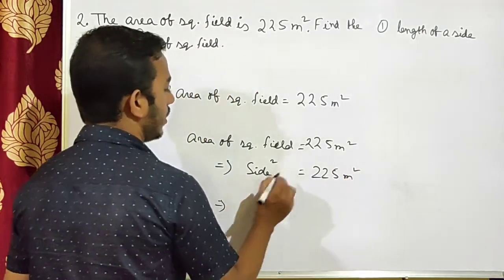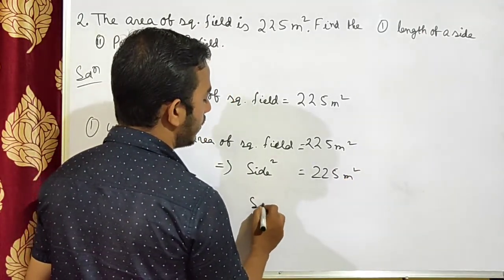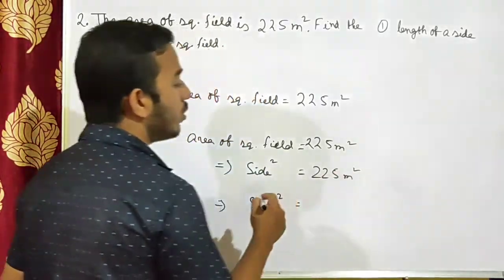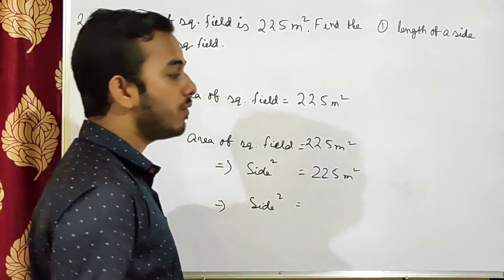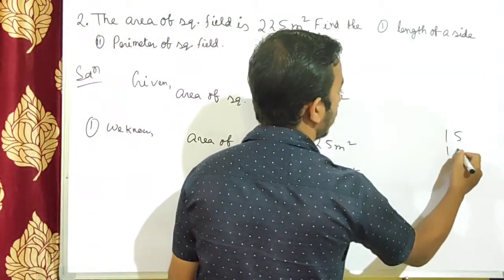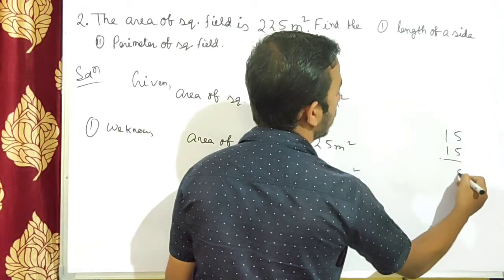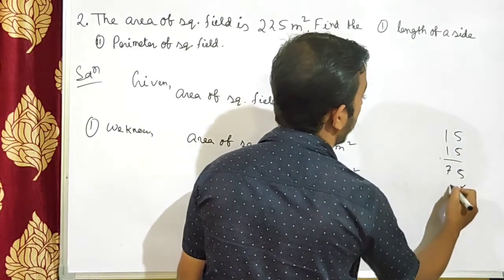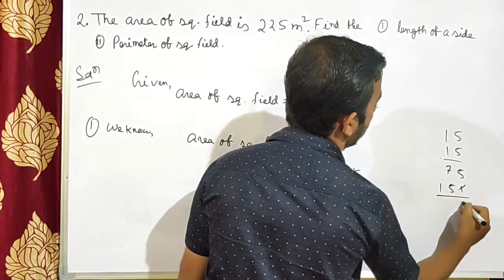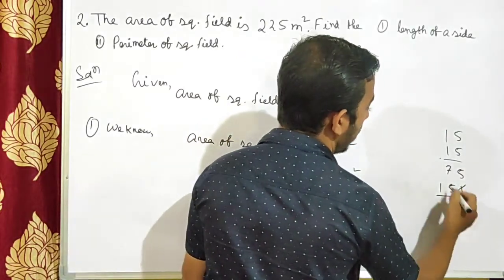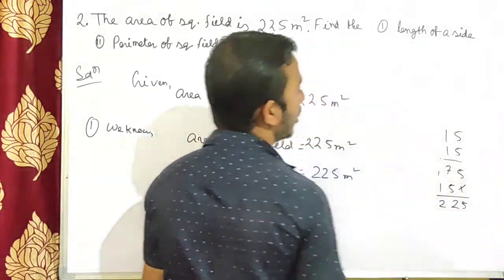Clear? Okay. Now look, this 225 is what? It is the square of which number? It is the square of 15, isn't it? Now look, if we multiply 15 with 15, 5 into 5 is 25, write 5 and carry 2, then 1 into 5 is 5, 5 plus 2 is 7, isn't it? Then again 5, 1, 5, 1, 1, 1. Look, 5, then 7, 7 plus 5 is 12, so 225, isn't it?